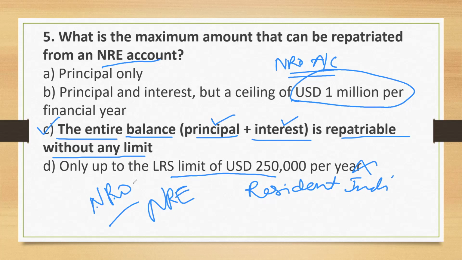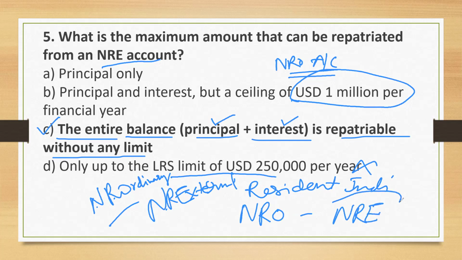NRO is a non-resident ordinary account. NRE is a non-resident external account. In NRE, funds can only come from abroad.